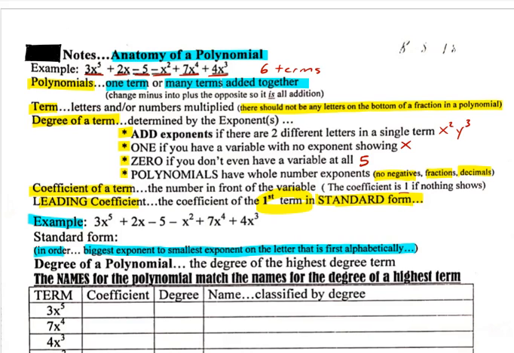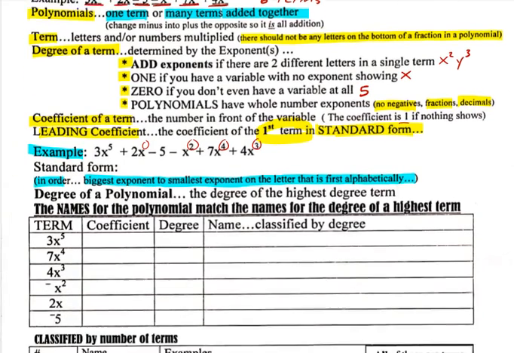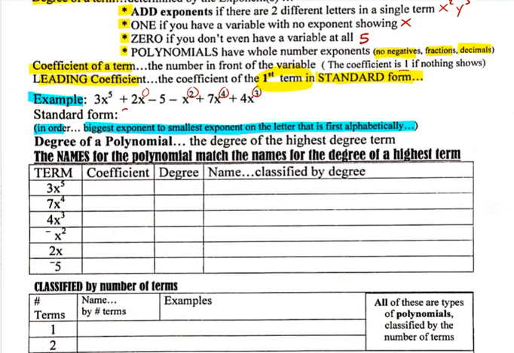So I'm going to look and see that these all only have an x, which means the letters don't really matter. So now I'm going to look at the exponents and see which one has the biggest one. This is a 5, none, a 2, a 4, and a 3. So the first one is obviously going to be the 5. My standard form will start out with 3x to the fifth.